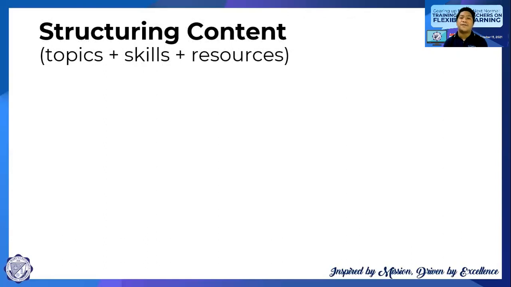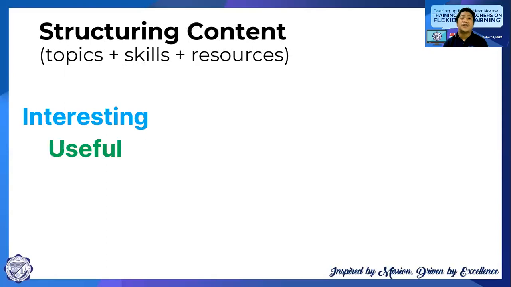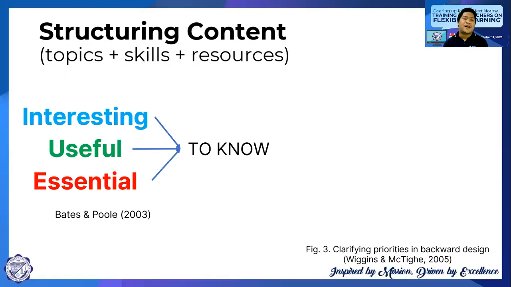So our content can focus on different topics, skills, and resources. And we need to make sure that our contents are interesting, useful, and essential. They are interesting to know, useful to know, and essential to know.